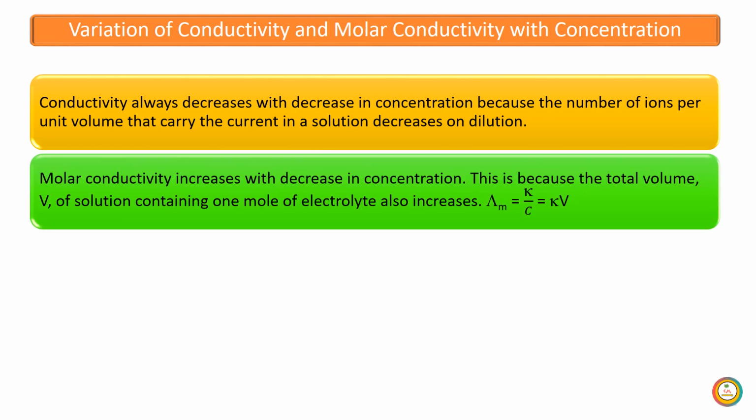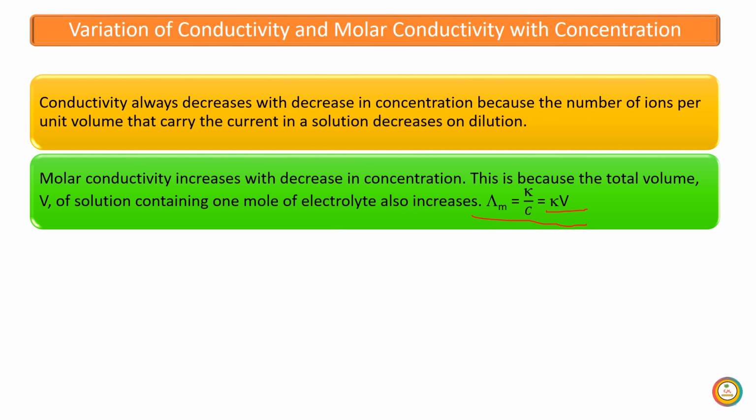Molar conductivity increases with decrease in concentration. Why? Because according to the formula, lambda m is equal to kappa by C, and 1 by C, the reciprocal of C, is known as the dilution. So our formula is lambda m is equal to kappa into V. By the dilution process, the value of V increases, so lambda m increases.